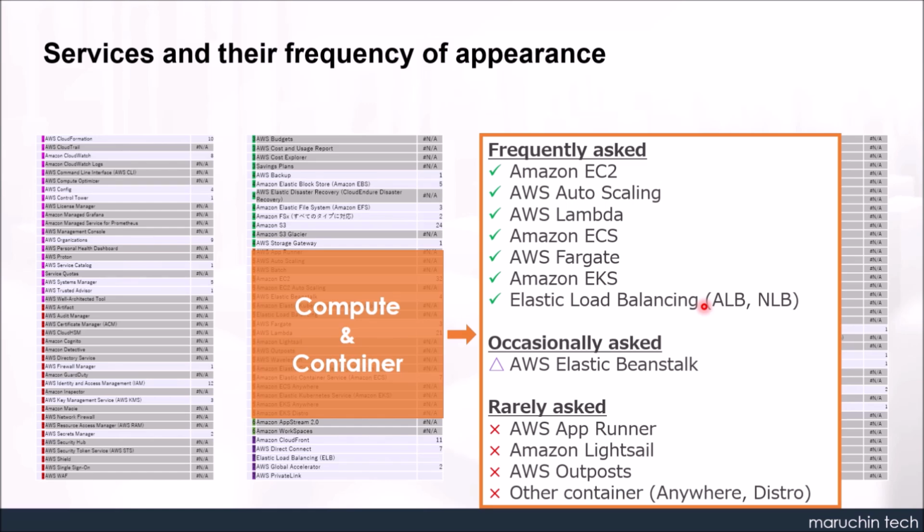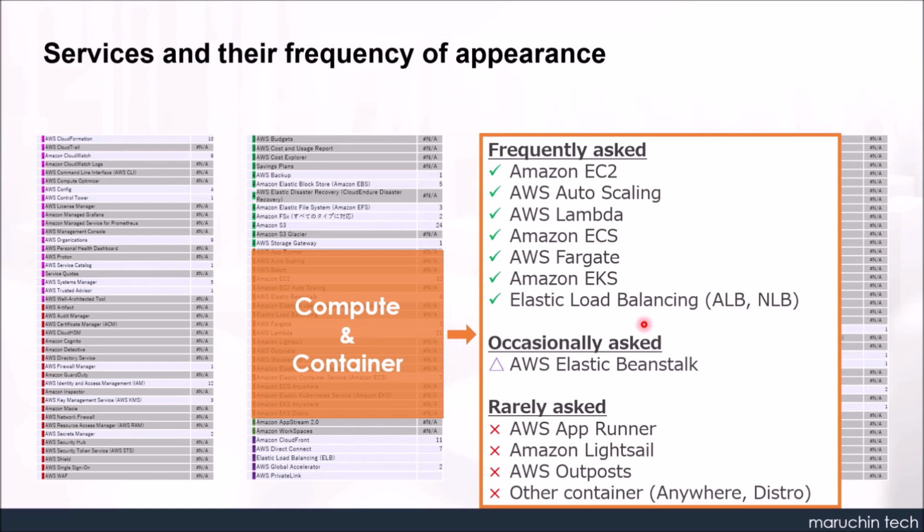And you will also often encounter questions involving EKS and ECS in the context of operational overhead. Generally, EKS, Kubernetes, has more operational overhead. A serverless architecture combining ECS and Fargate is very common in the exam.